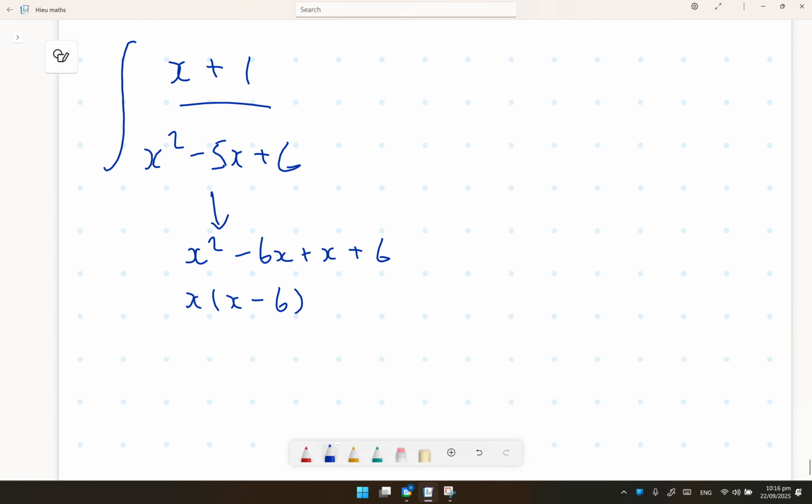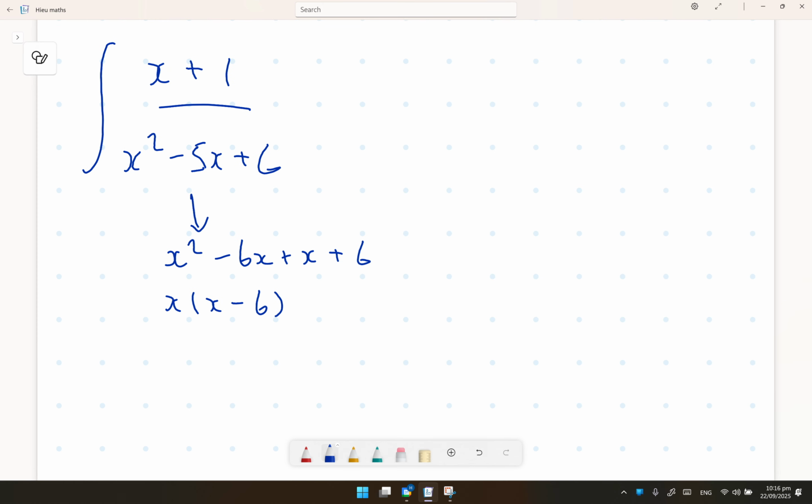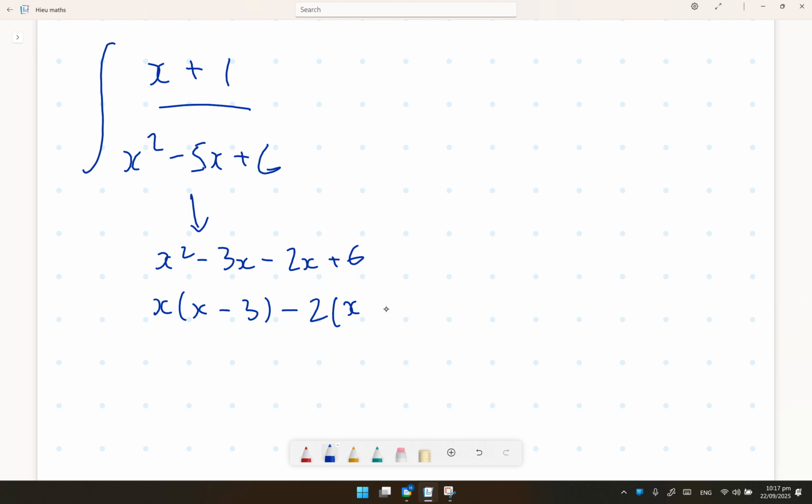It could also be 2 times 3. So x squared minus 3x minus 2x plus 6. Then this could give us x times x minus 3, and minus 2 times x minus 3.